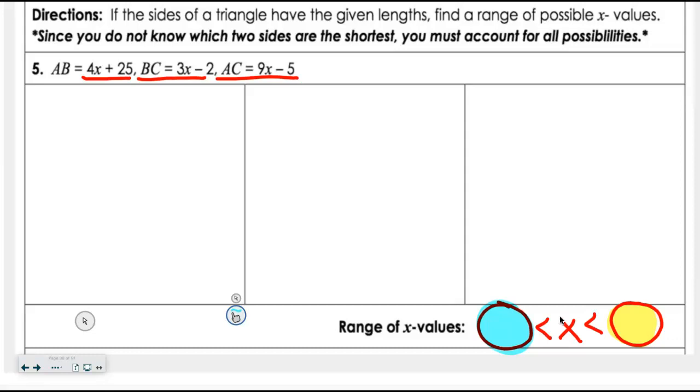Correct? So the reason this is split into 3 boxes is we are going to assume, first of all, that these first 2 are the shortest sides. Then we're going to add them up. So we're going to go 4x plus 25, just like Tristan said, grab the 2 shortest sides. I don't know what they are, so I'm going to assume it's the first 2 first, and I'm going to add them up, and make sure that they outstretch the third one.